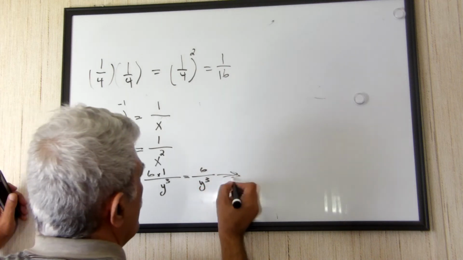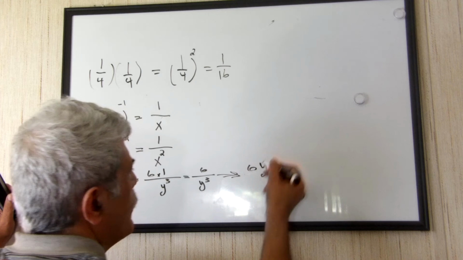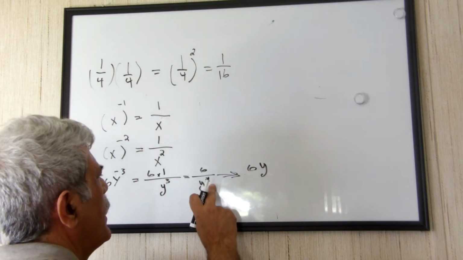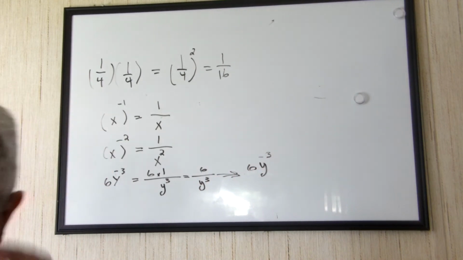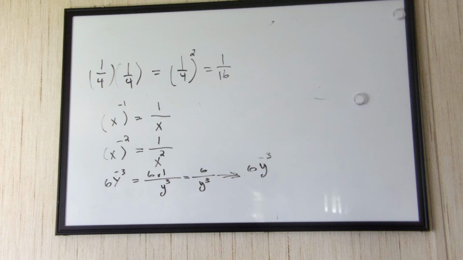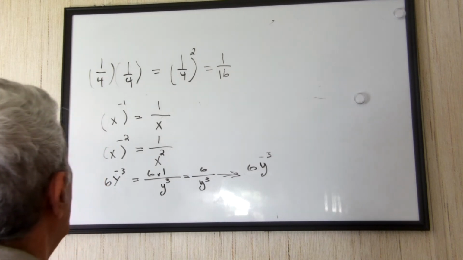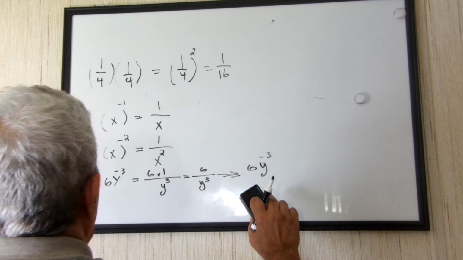And we can also write it this way: 6 times y, brought to the numerator, with the exponent minus 3. So these are the things that we should know about it.